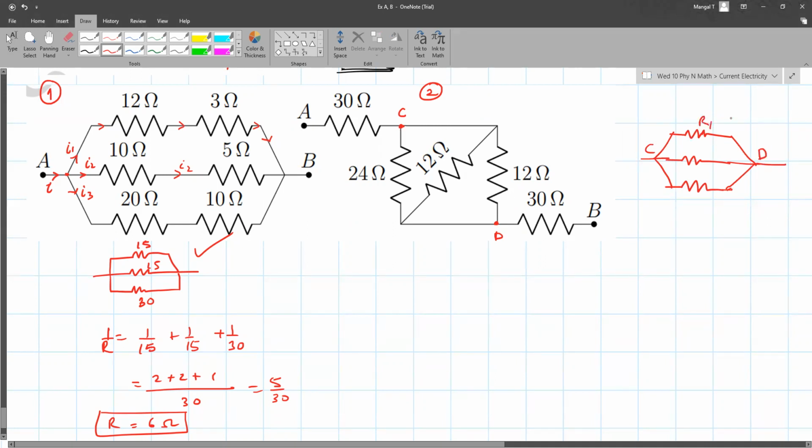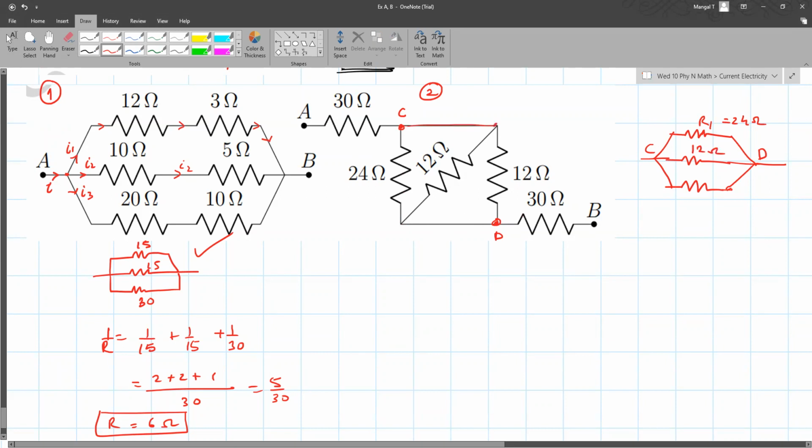That means resistor 1, which is 24 ohms. So one end of the resistor is connected to C, and the other end is also connected to D. You can see that there is no resistor over here, so it is as good as connecting it to D. Then we have the second resistor, that is 12 ohms.